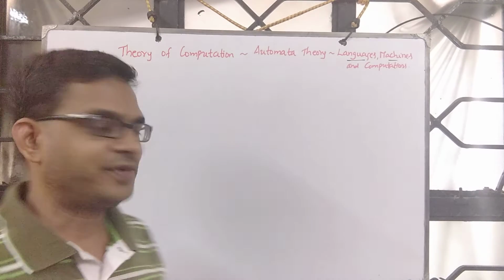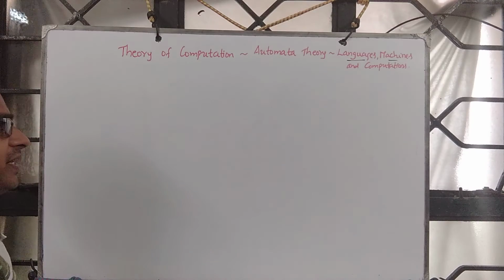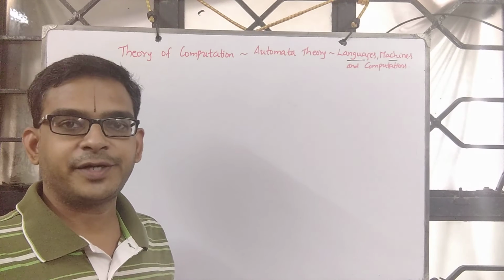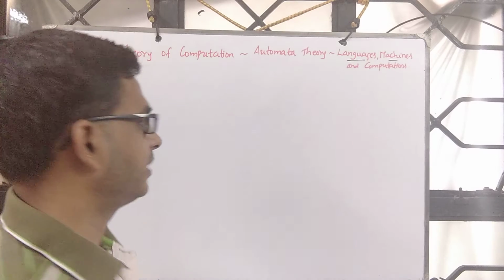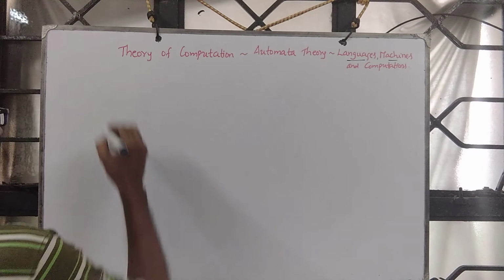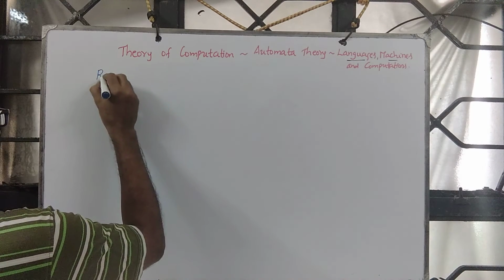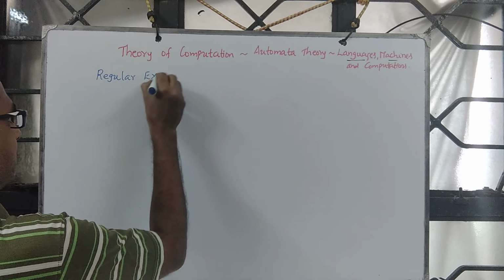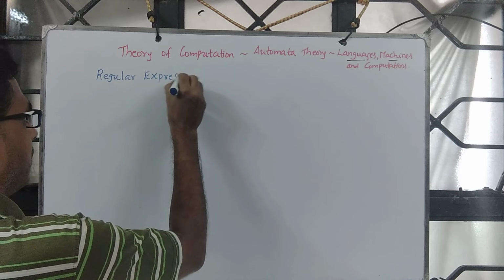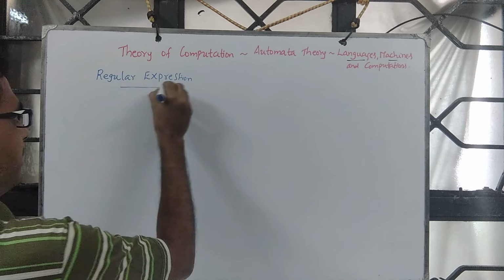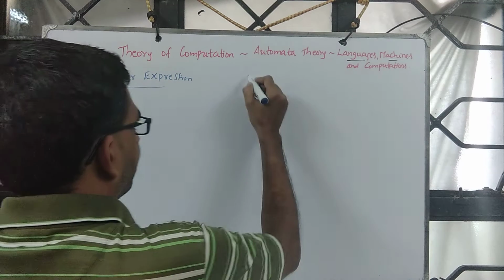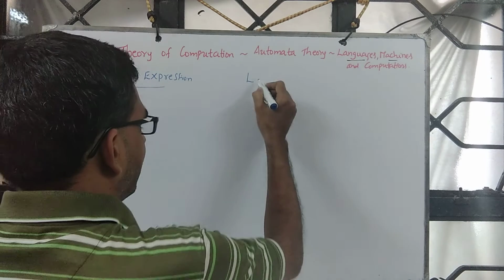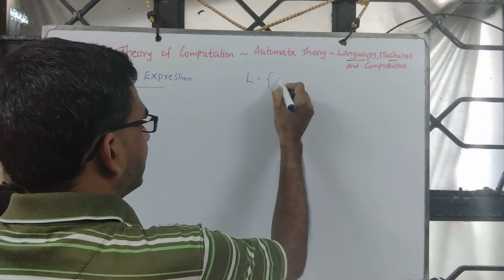Having seen finite automaton and its variants such as non-deterministic finite automaton, deterministic finite automaton, automaton with epsilon moves, we shall look at next something called regular expression. So far we are given a language L, and this language consisting of strings.